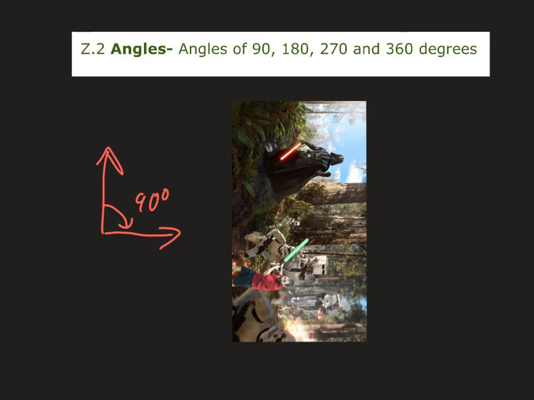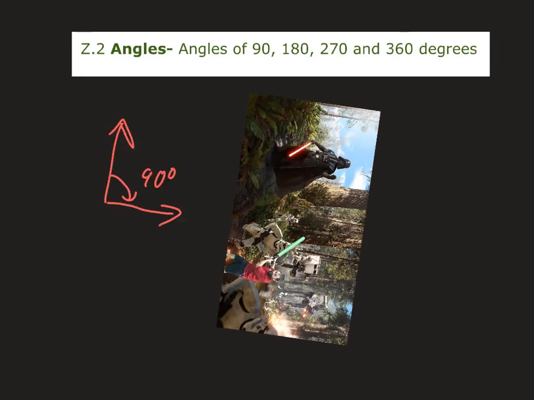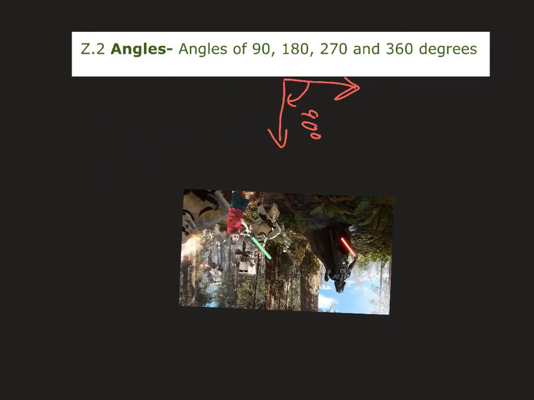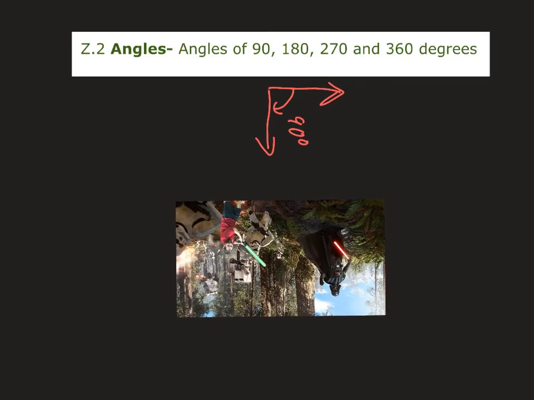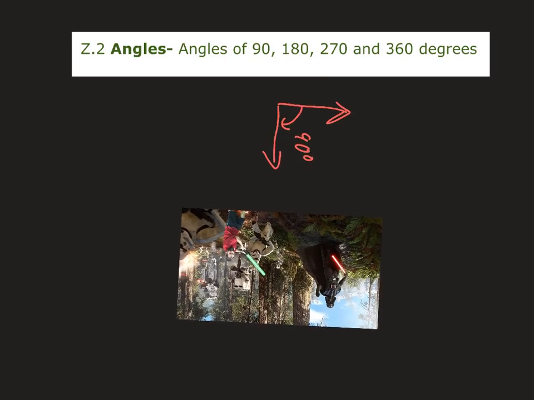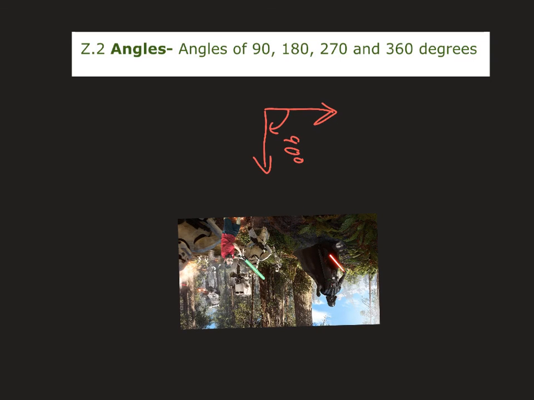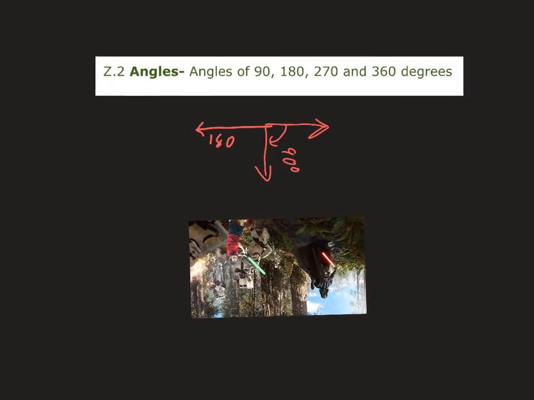I could turn it 90 more degrees, like this. And now I've actually turned it a total of 180 degrees. Okay? It's upside down. It is totally opposite of what it was before. It's 180 degrees. It's opposite of what it started with.